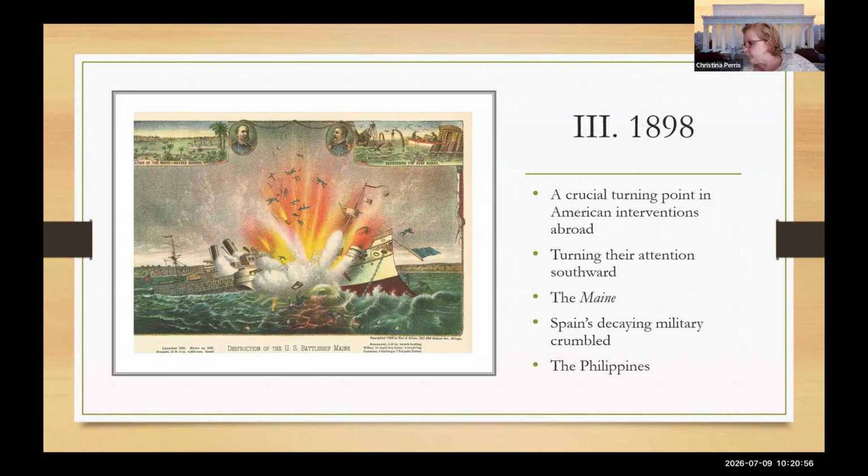Roosevelt had been the Assistant Secretary of the Navy, but had resigned his position in order to see action in the war. His actions in Cuba made him a national celebrity.